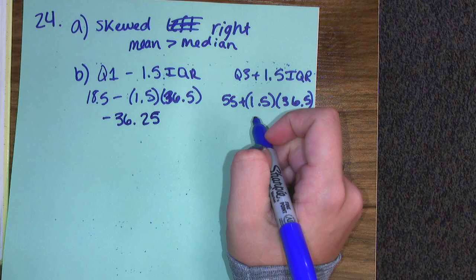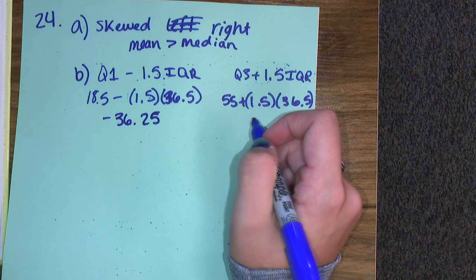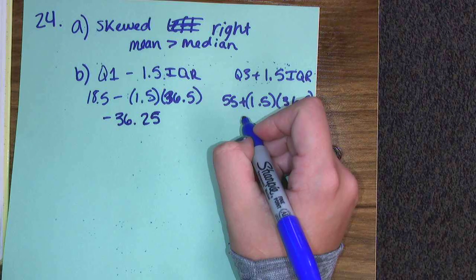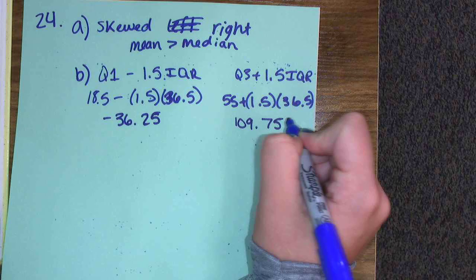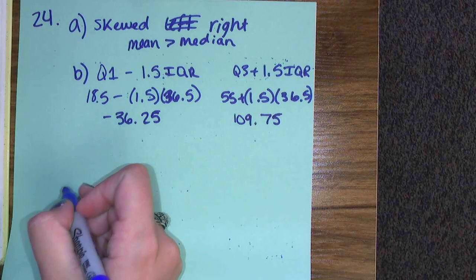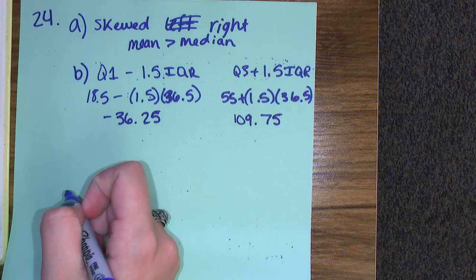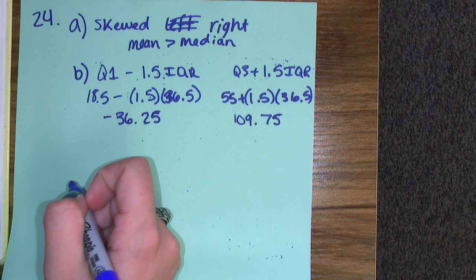What is Q3? What'd you get? Okay. I thought you said 1.9, and I was like, there's no way it's 19. Alright, so then based on that, do we have any outliers? Are you sure?